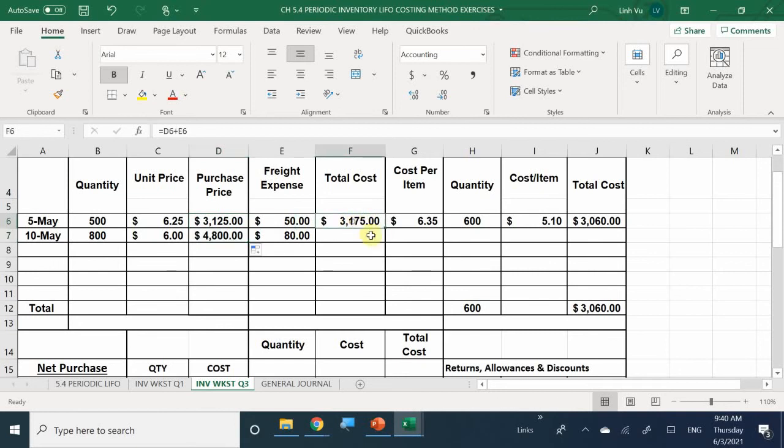What is the total cost? 4,880. Good, which brings us to a cost per item of $6.10. So once again, I'm not going to use colors because we can see the trend here: every time we add something to our purchases, we're making a list so we can keep track of what came first and what came last. So no colors here.